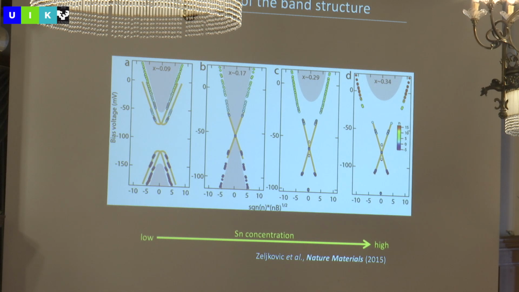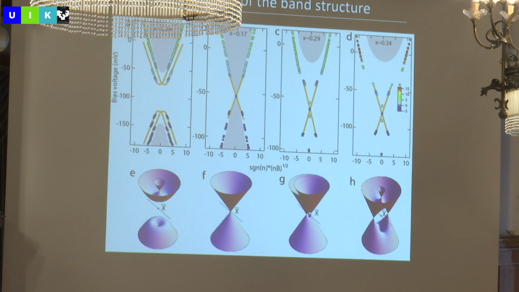Very interesting that this is how the system goes from the topological. So this is what is happening. In the topological phase, you have these two topological bands on either side of the Brillouin zone boundary. And then as you dope towards the trivial side, these cones merge together. And on the trivial side, you end up with this band structure.